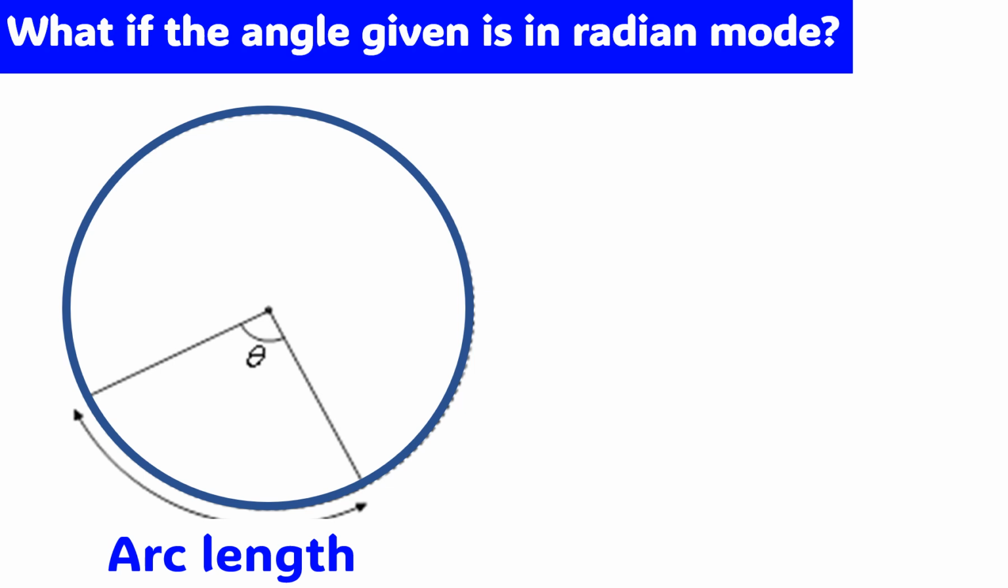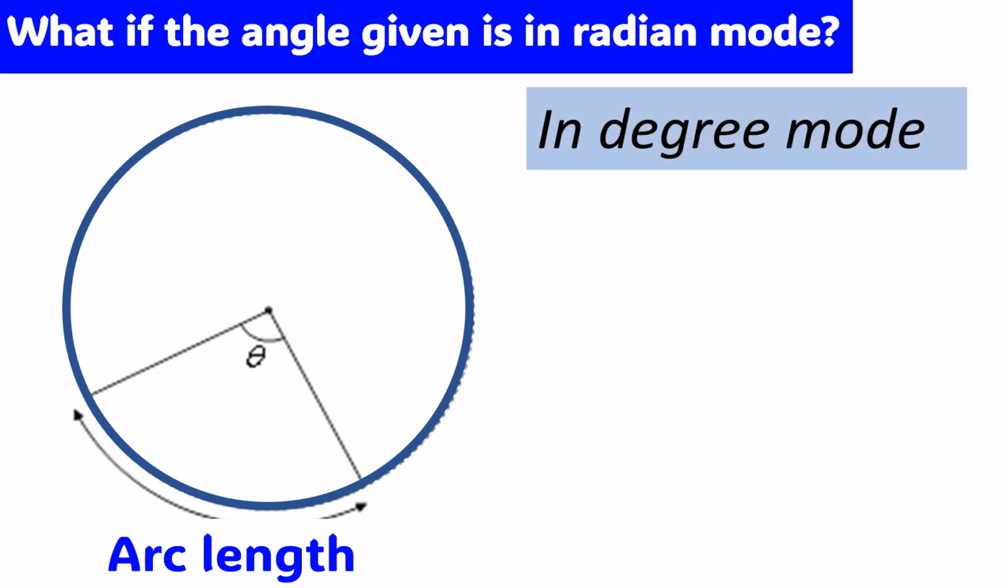What if the angle given is in radian mode? We already know that in degree mode, we have worked out this formula, theta over 360 times 2 pi r, if we want to find arc length. Now, if you observe, 2 pi is also equal to 360 degrees.